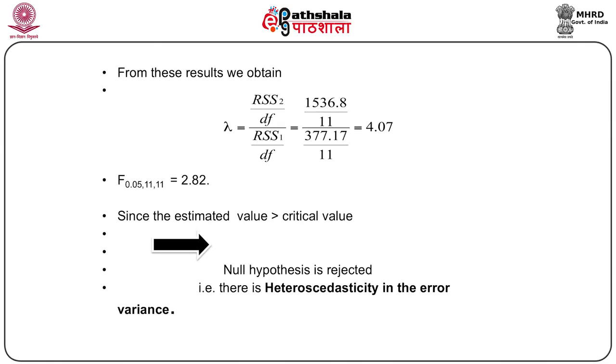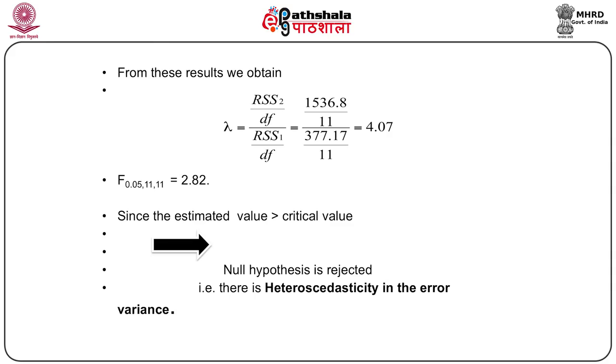Now from the two residual sums of squares, we obtain the value of the F test statistic, which is given by the residual sum of squares of the second model divided by degrees of freedom, over the residual sum of squares of the first model divided by degrees of freedom, which equals 1536.8 divided by 11 over 377.17 divided by 11.